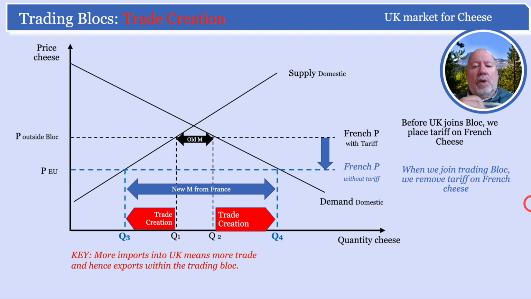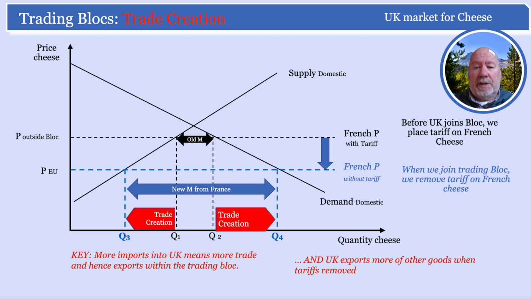So our exports of the UK, other goods, when the tariff is removed, also goes up. And you've really got to use both those points in any analysis. So there's more exports from the lower cost, those countries with a comparative advantage, and there's not only the French coming into our country, but we are exporting more into the European Union as well. And that's the idea behind trade creation.